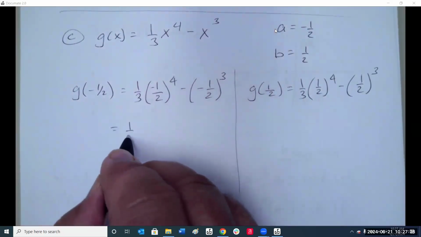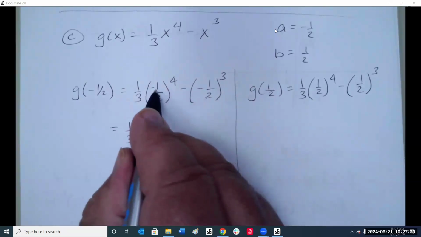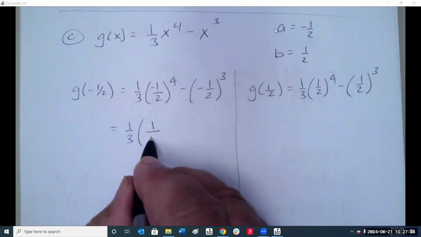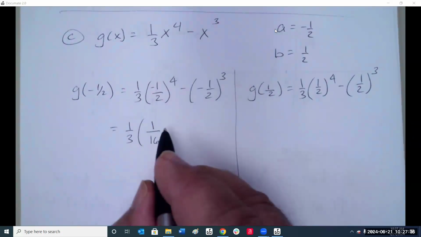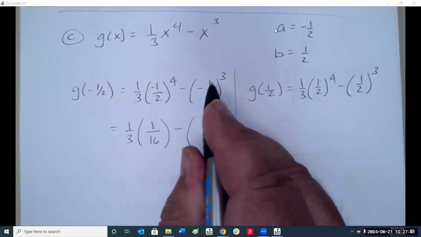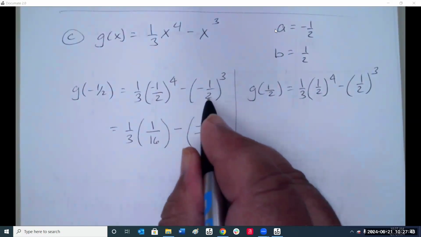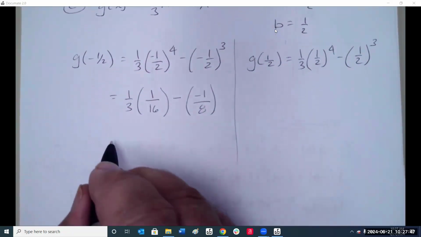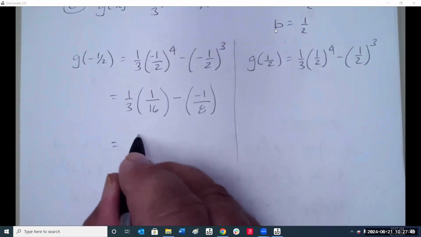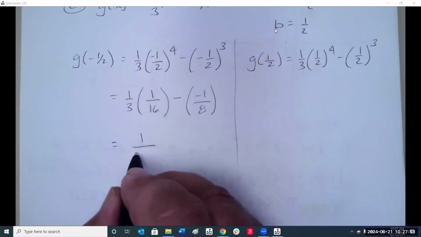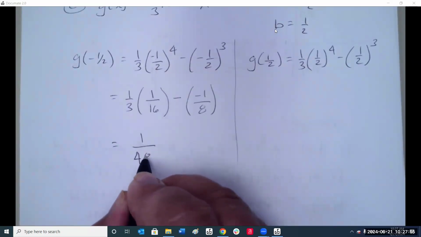All right, so the first one. -1 to the 4th is 1. 2 to the 4th is 16. Minus. -1 cubed is -1. 2 cubed is 8. One times 1 is 1. 3 times 16 is 48.